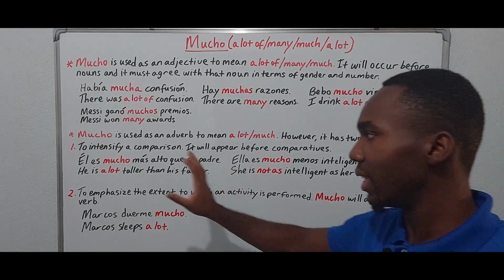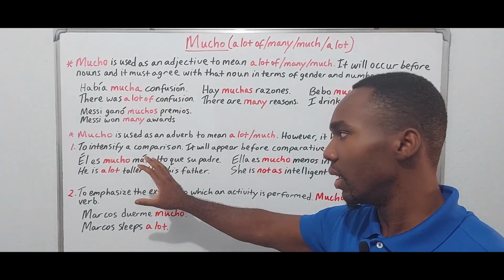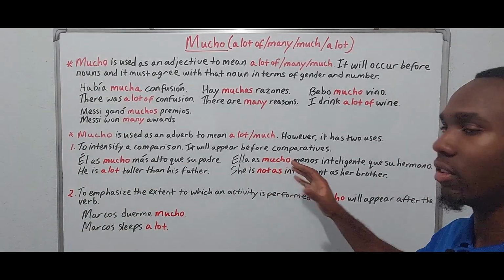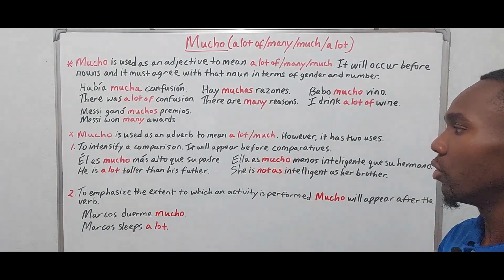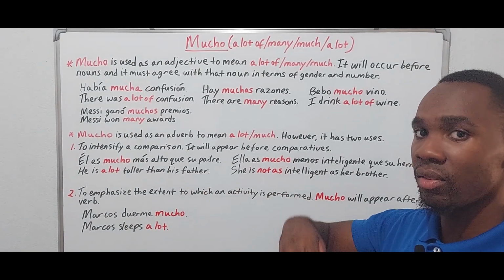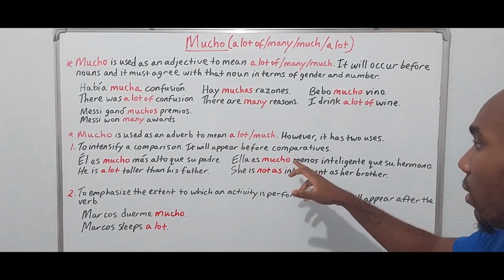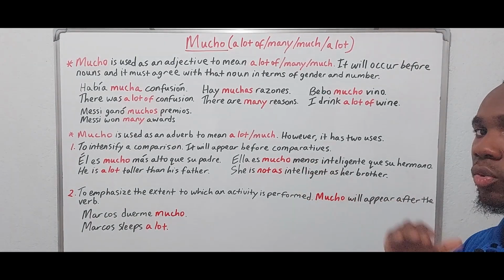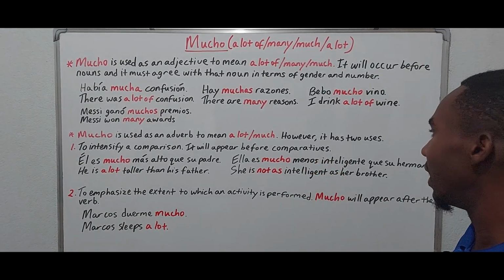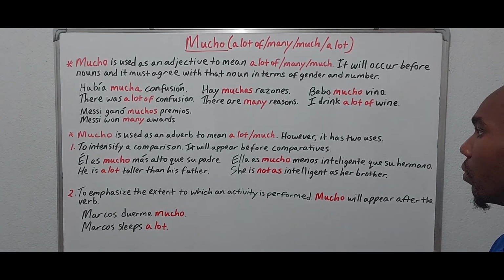You notice that in this comparison, this one is to the higher degree and this one is lower. When you're comparing two things, más means to a higher degree and menos means to a lower degree, okay? So, menos inteligente que su hermano.